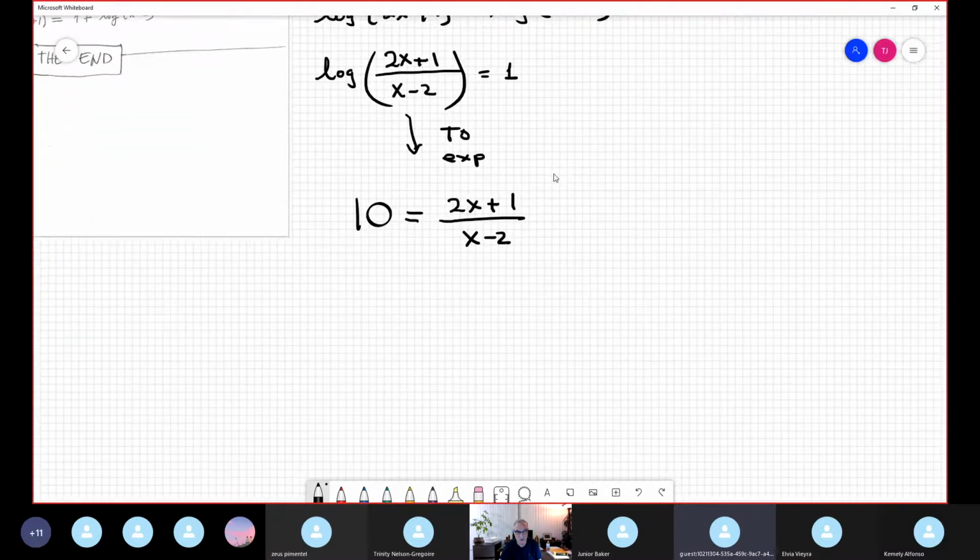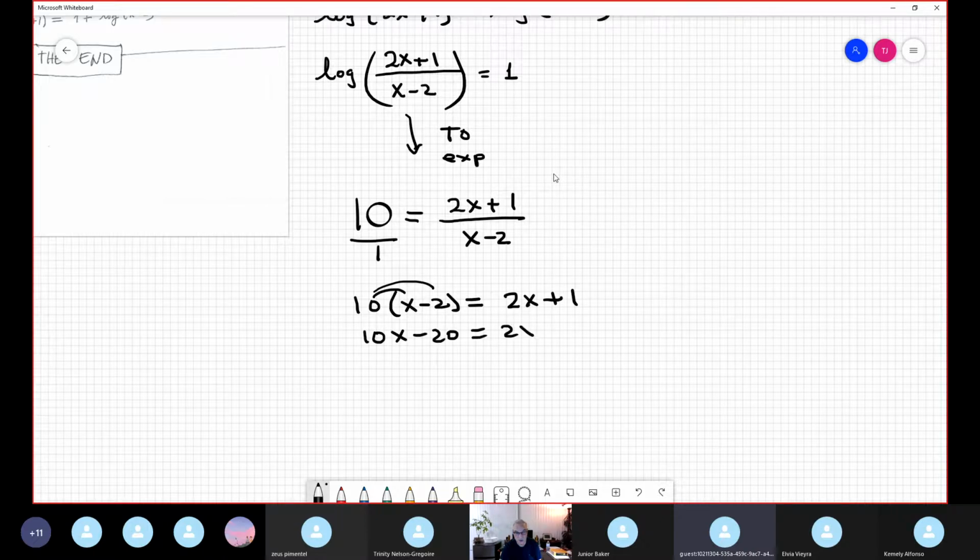You apply cross multiplication. 10 is a whole number, so the denominator is 1. 10 multiplied by that, and 1 multiplied by this, 2x plus 1. You distribute here: 10x minus 20 equal to x plus 1.